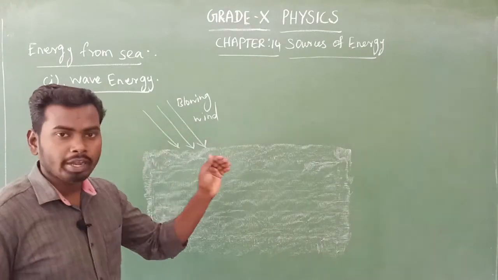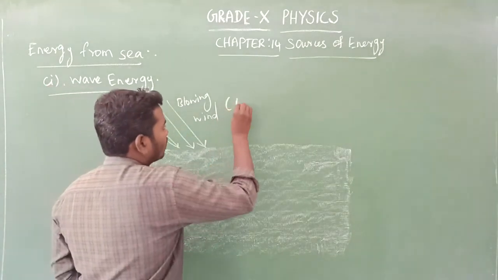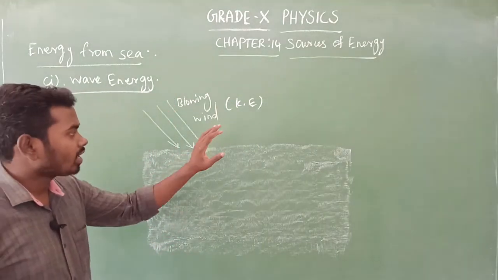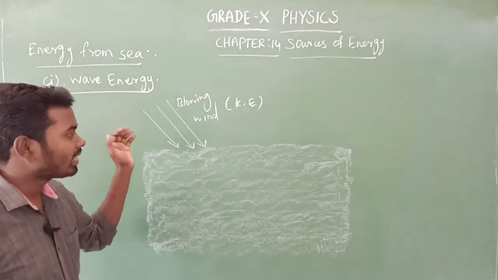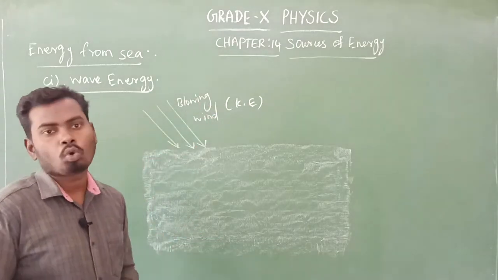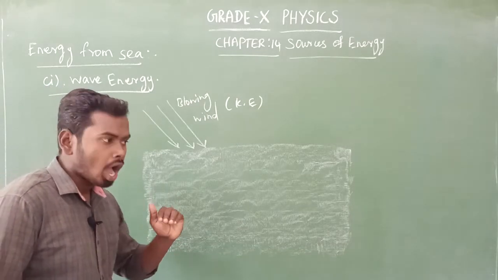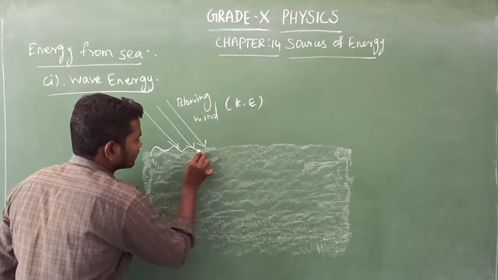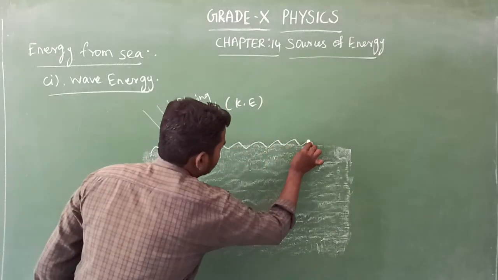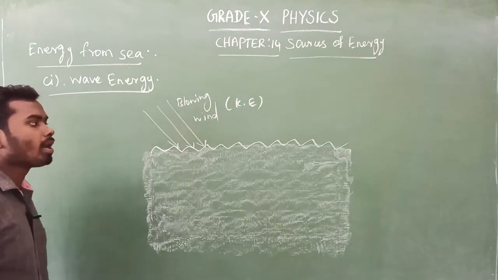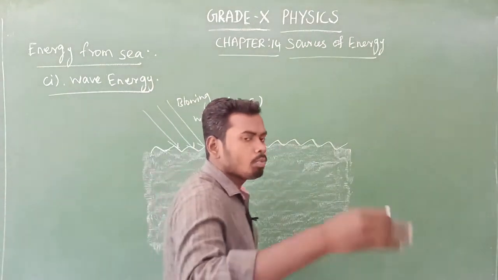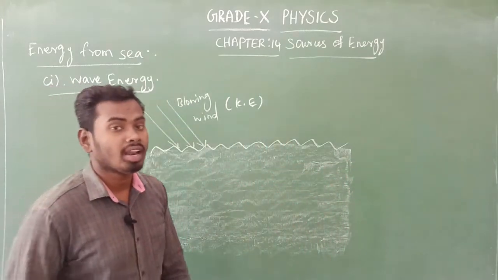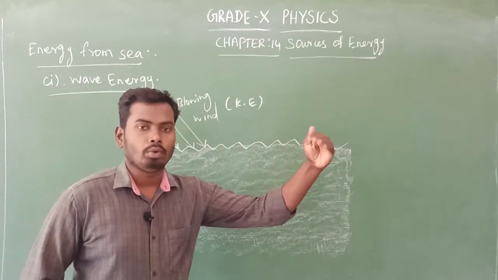The blowing wind already possesses kinetic energy. So when it forcefully hits the surface of the water, it makes an up-down movement like this. This up-down movement of the sea or ocean surface water is known as a wave.